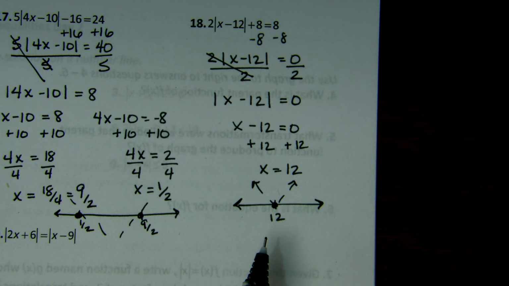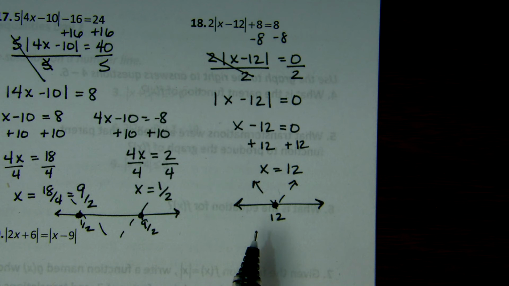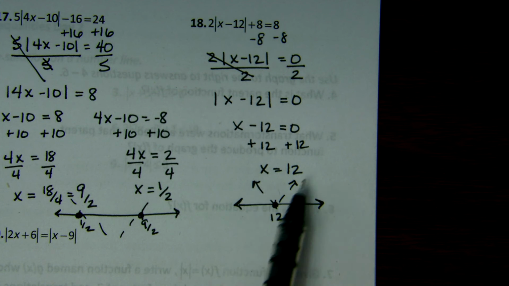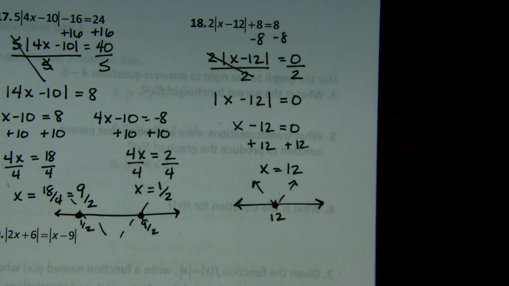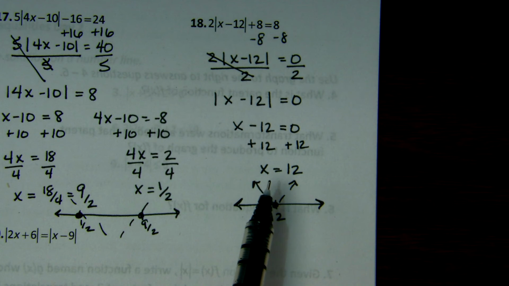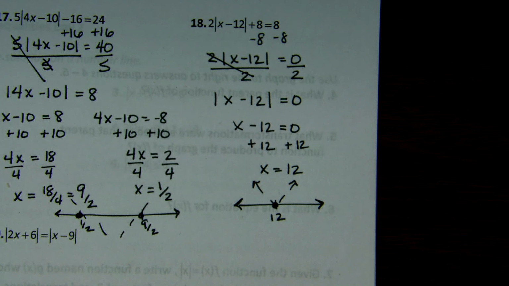Just like when we were graphing, the first problem we did on page 1 sat on the x-axis at -5. So the solution was -5. There was only one solution. And that's what's happening here as well. It's a v that sits on the x-axis at 12. And that's what that looks like. Again, you don't need to do that. You need to tell me x equals 12 and draw me a dot on a number line.